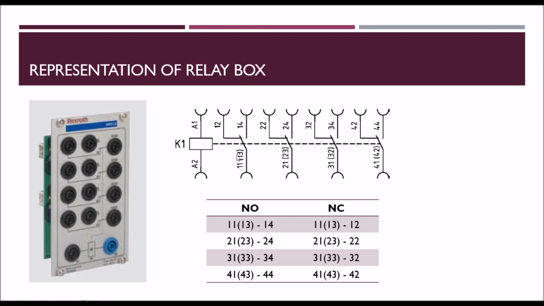Sir, what does application mean? Sometimes we want to switch on 2 motors and switch off 2 motors. That means totally 4 actuators are there. So with one control signal, I want to switch on 2 motors and switch off 2 motors, or switch on all 4 motors with one signal. In that case this kind of relay box is used.